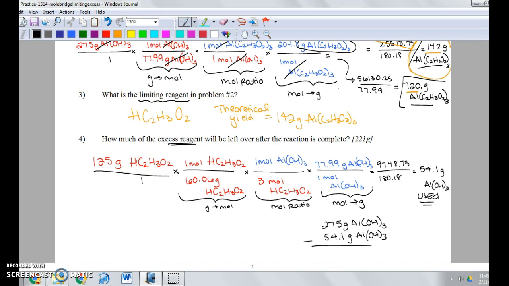So at this point we're going to go ahead and subtract 275 minus 54.1 and you get 220.9. However, with significant figures, we are only allowed to go to the ones place. So we have to use this 9 to round up. We end up with 221 grams of AlOH3 remaining.